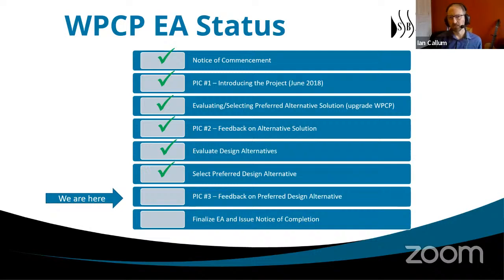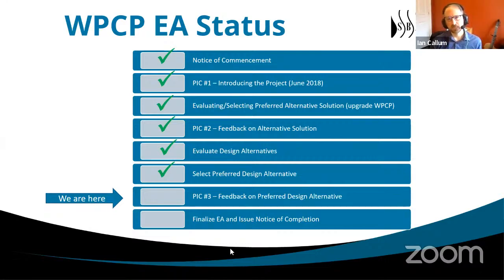And then we've gone away since then and looked at different design possibilities around how we could design that upgrade to the water pollution control plant. So you can see on the slide where we're at tonight is at our third public information center.